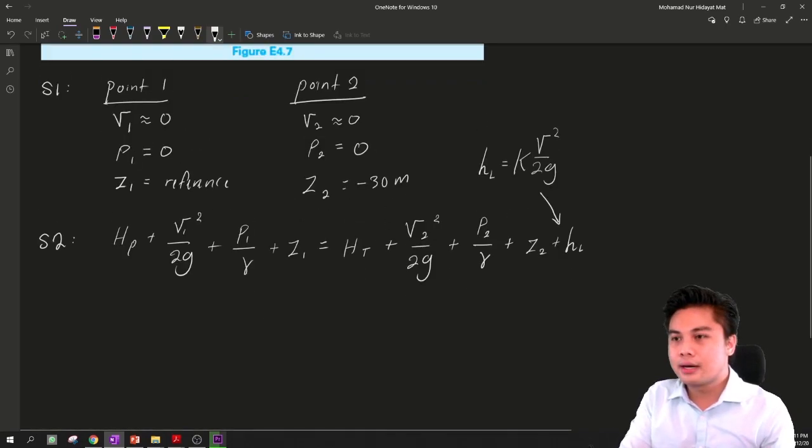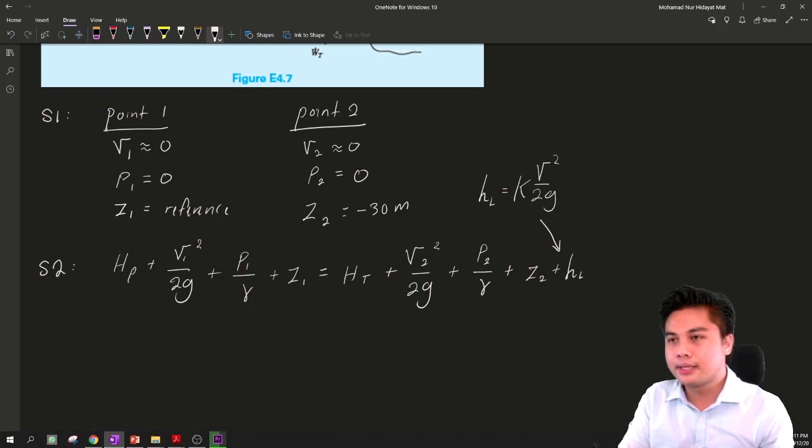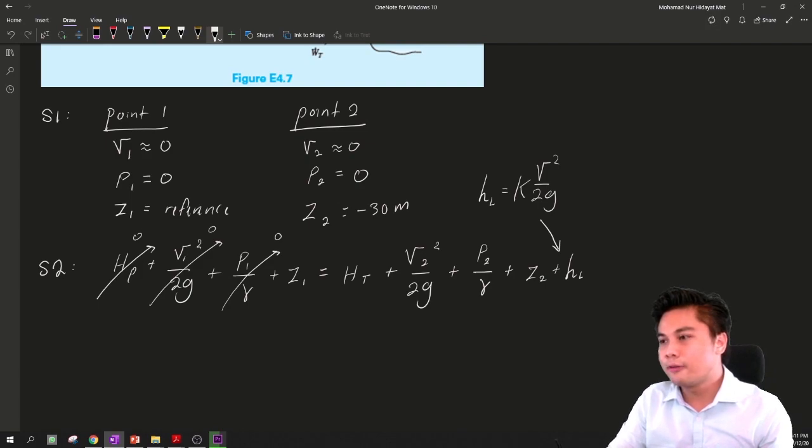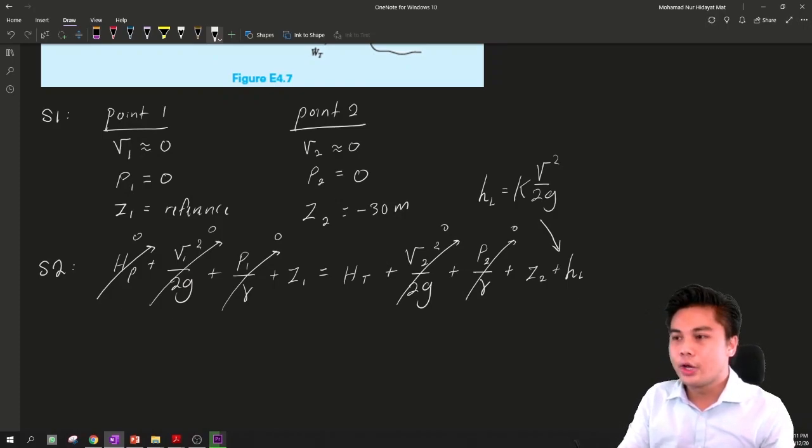There is no head of pump because we are not dealing with a pump. We cancel out velocity 0 and pressure 0, and velocity 2 and pressure 2 are also 0, so we are left with only these terms.